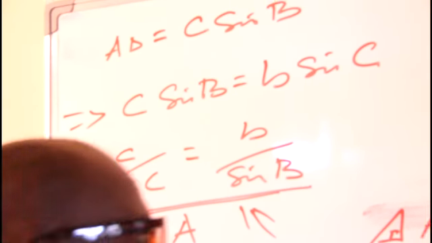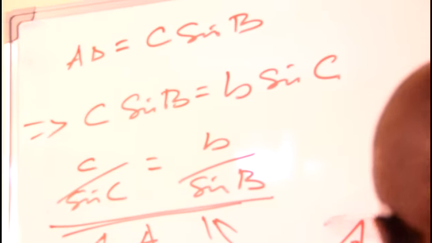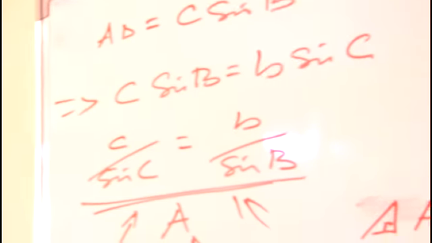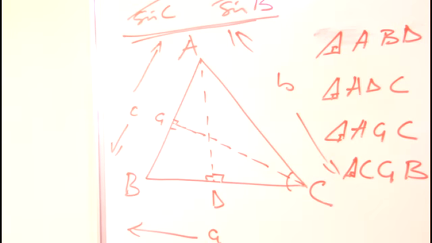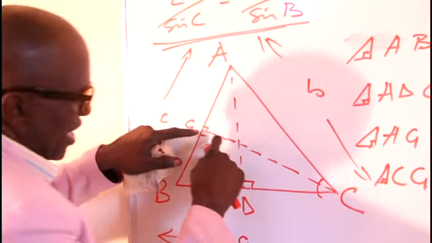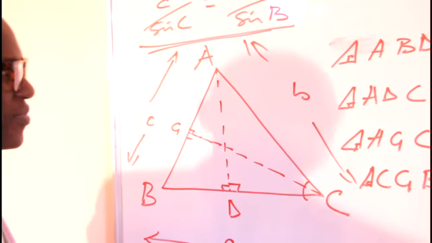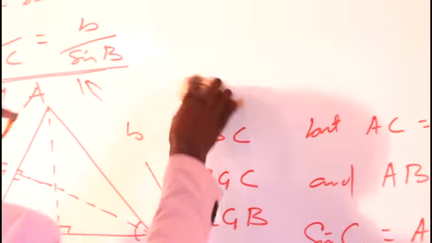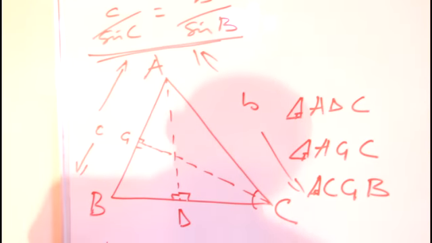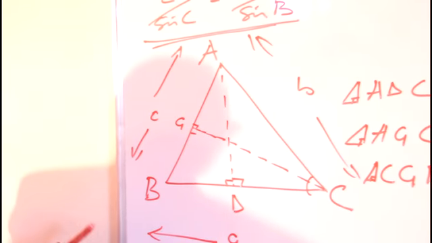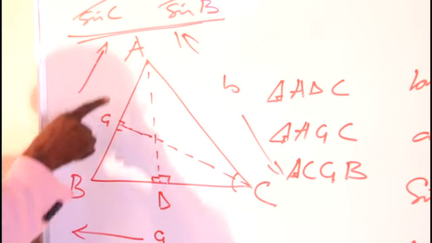Then let's go down. What we considered was this right angle triangle and this right angle triangle. Let's take the other right angle triangle, AGC.